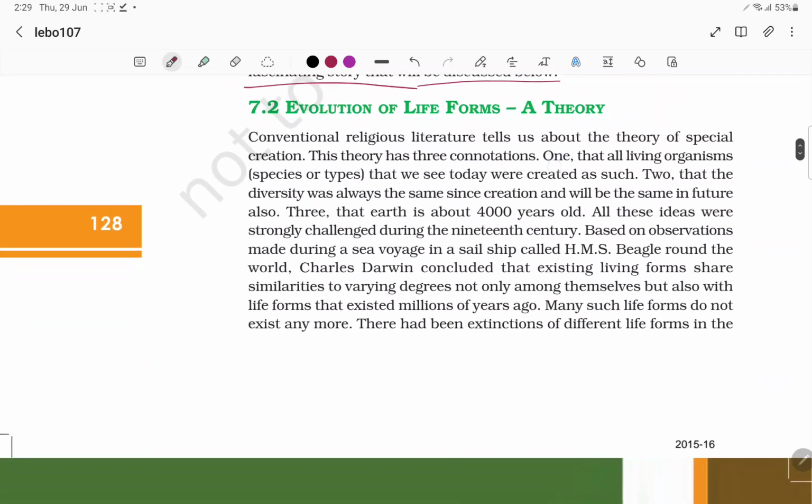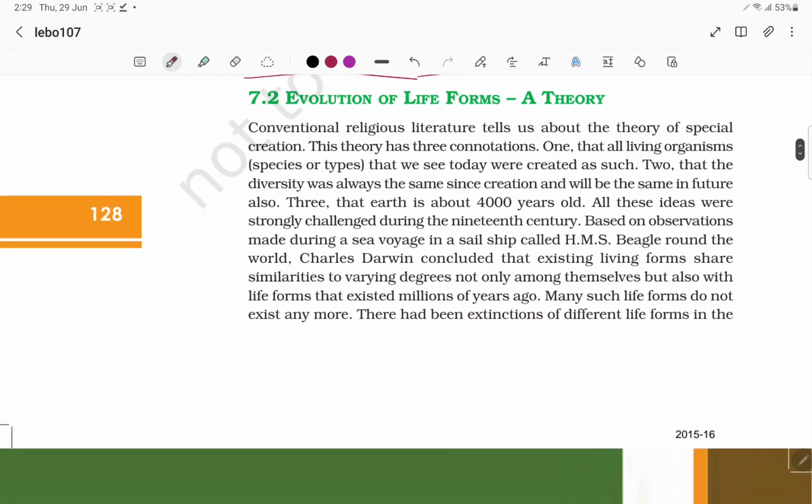Right. Now we are going to see how. In this chapter you have already seen the theory of panspermia, which came from Greek thinkers and was liked by astronomers, but that is not accepted.